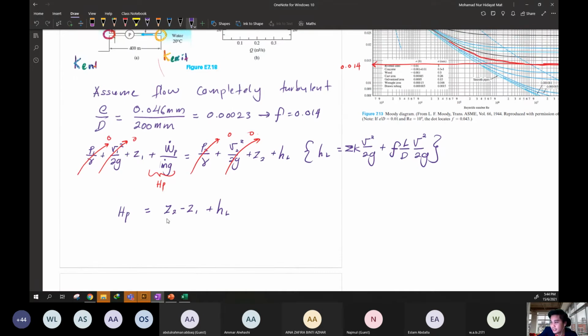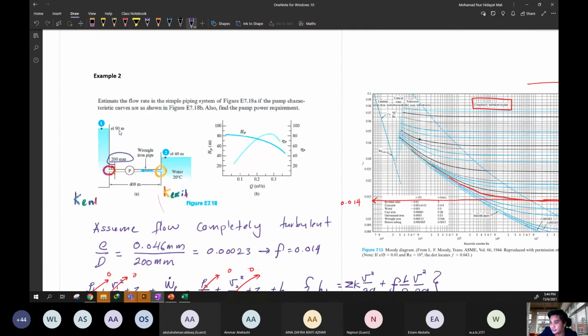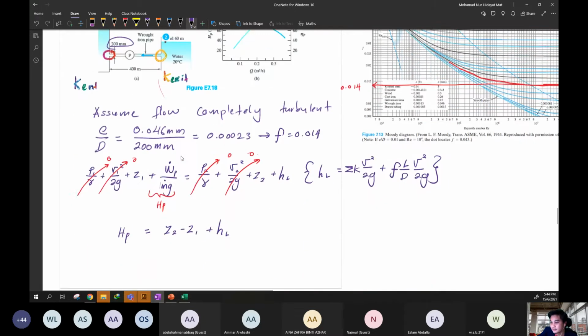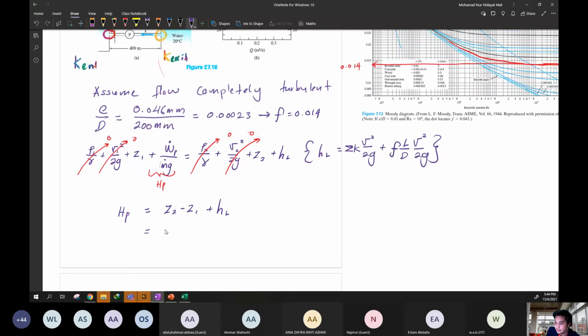So what's the value of Z2? Elevation, Z1 is 90, Z2 is 60. So 90 minus 60 plus heat loss.